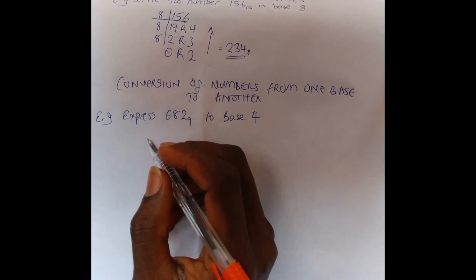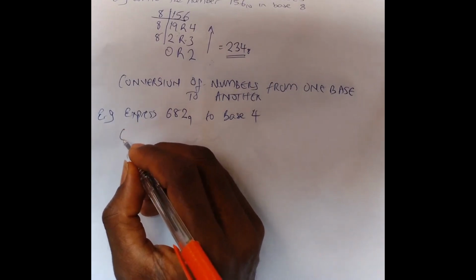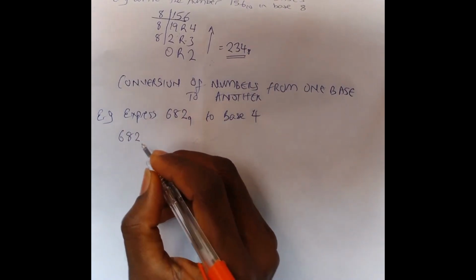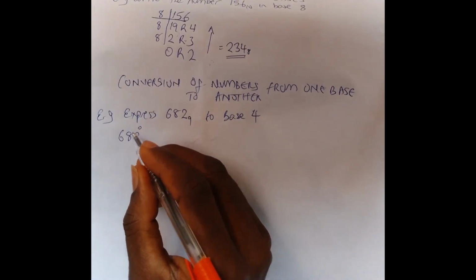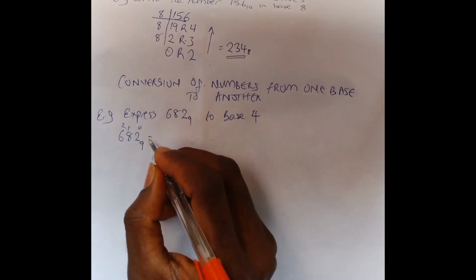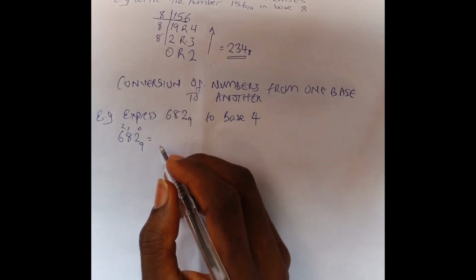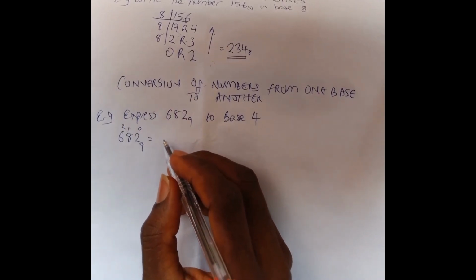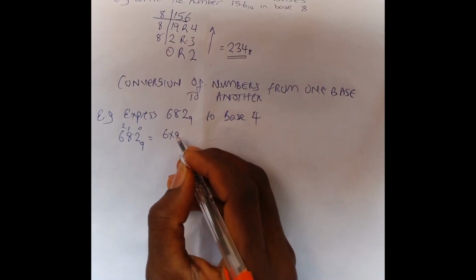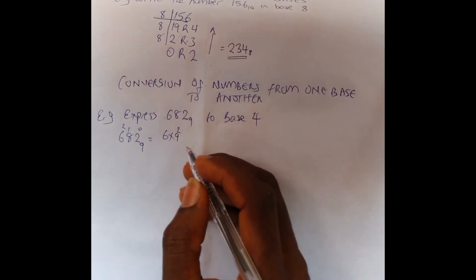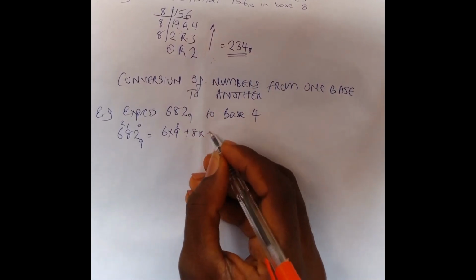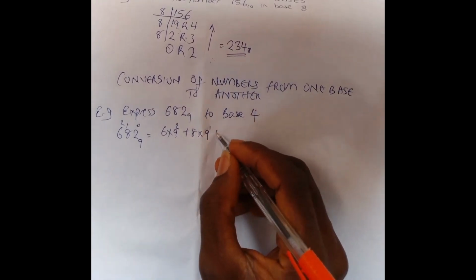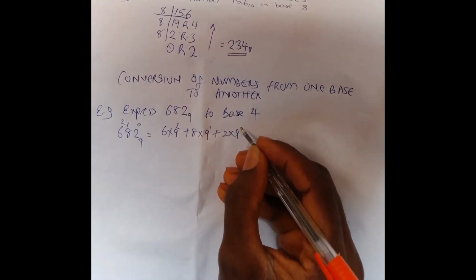And how do we convert it to base 10? Is by doing it in that expansion form we talked about earlier. 0, 1, 2. So let's convert this to base 10. So we say 6 times 9 raised to the power of 2 plus 8 times 9 raised to the power of 1 plus 2 times 9 raised to the power of 0.